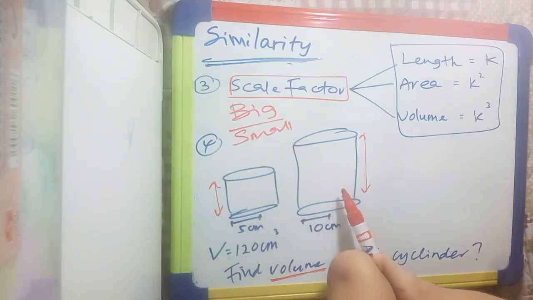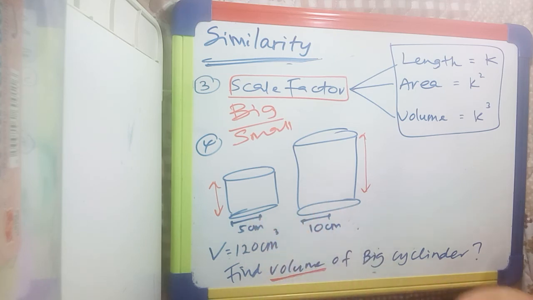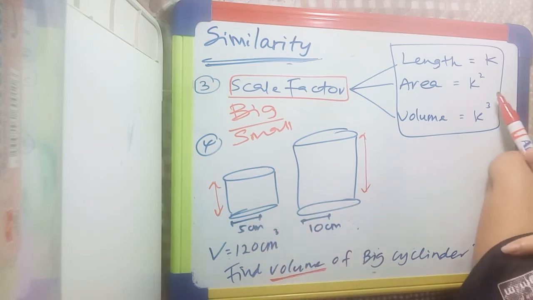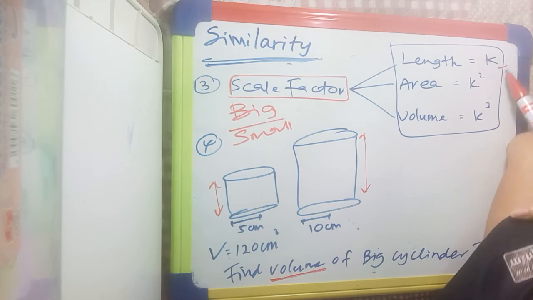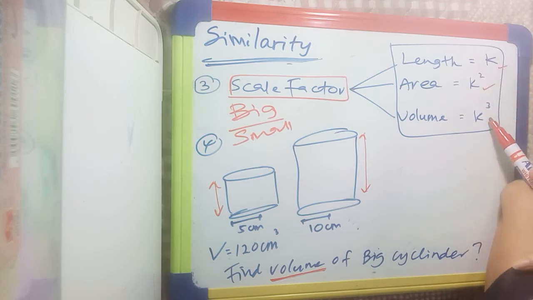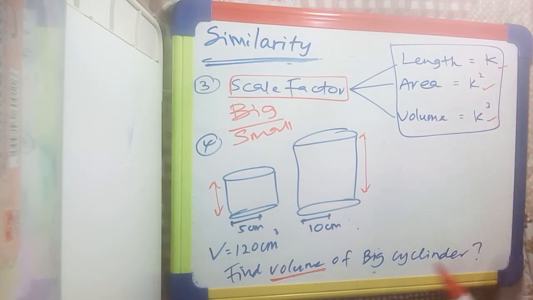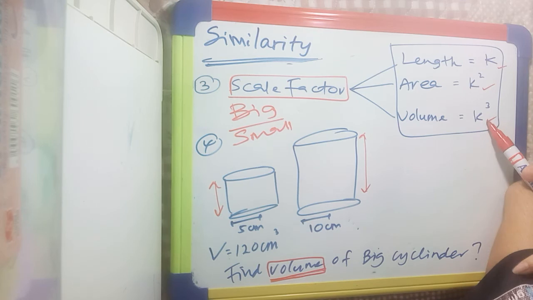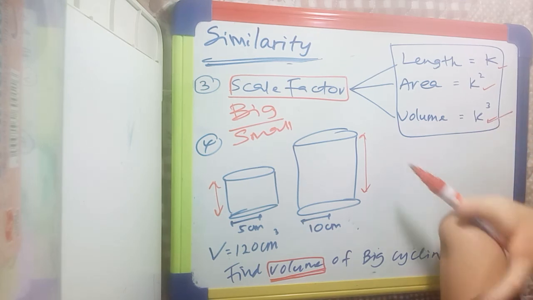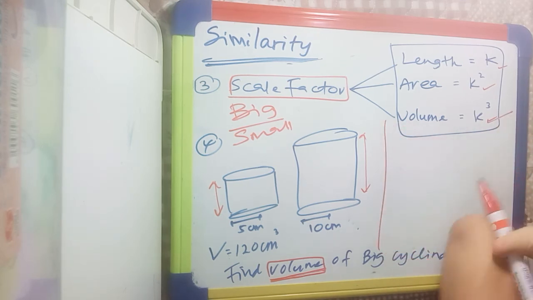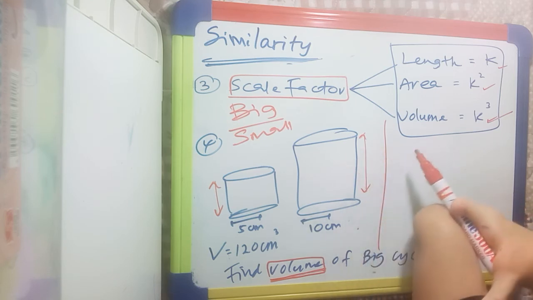So obviously this is big, this is small. Now this is also important. Length is K power 1, area is K power 2, volume is K power 3. Based on this question, we are dealing with the volume. Volume, we use K power 3. How to use this K power 3? Always remember, big over small.